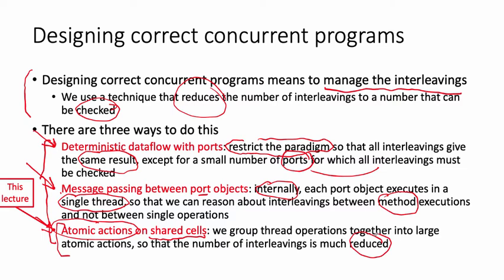So locks, monitors, and transactions will enormously reduce them, in fact to a similar level as the sequential methods, so that the interleavings are between operations on the data abstraction, between methods and not between primitive operations. Okay, so we've seen the two previous ones. Now we're going to look at this one, atomic action on shared cells.